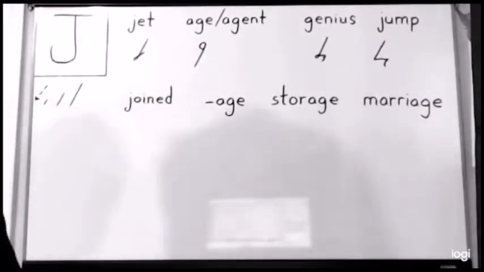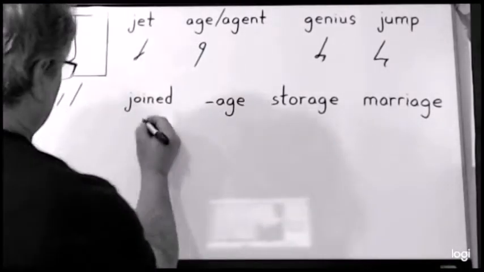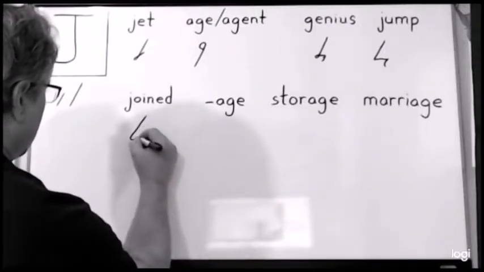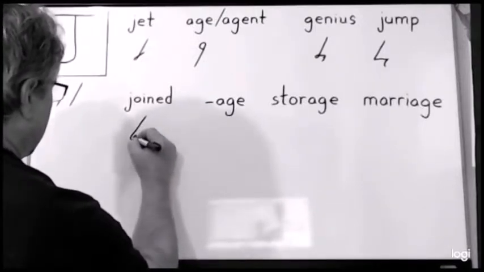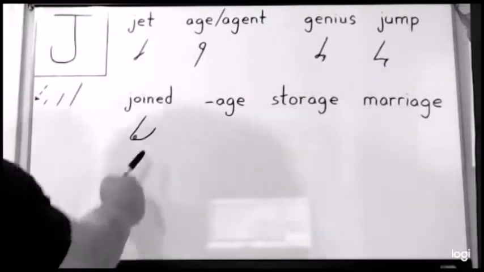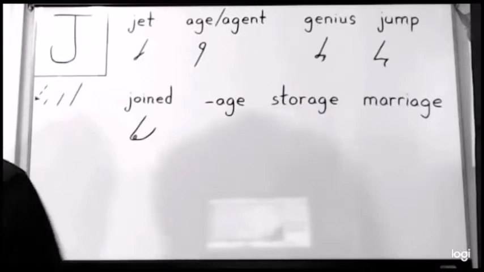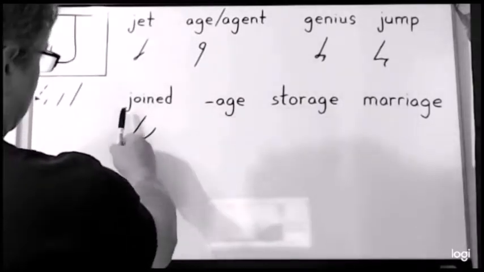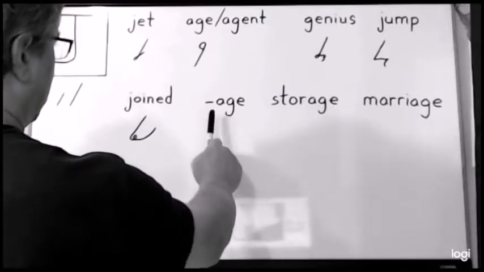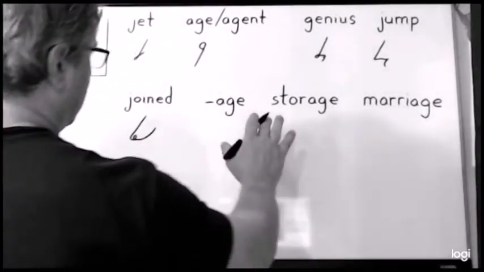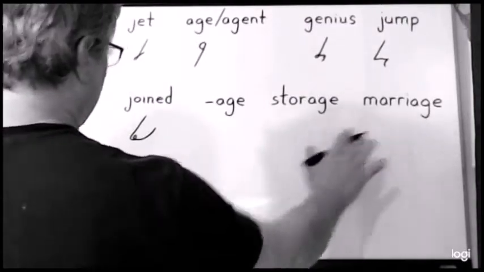For the word joined, we'll write the J, the O, the short I, and the NT stroke at the end, or ND for joined. The J can also stand for the joined suffix age at the end of the word, as in storage and marriage.